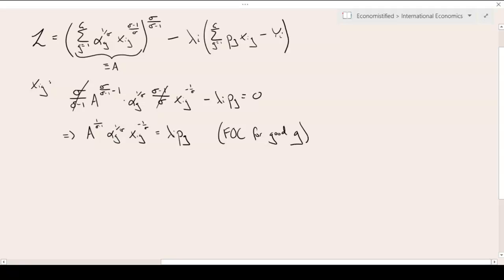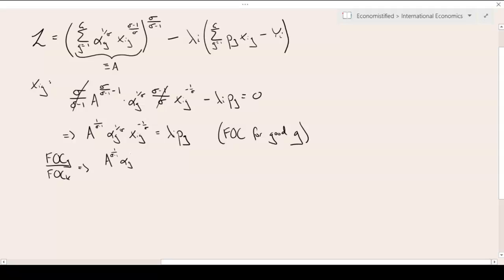But of course I have capital G many first order conditions, with respect to every good. So the first thing I can do is divide the first order condition for one good by another good. I can take the first order condition for G and divide it by the first order condition for good K. What does that give me?